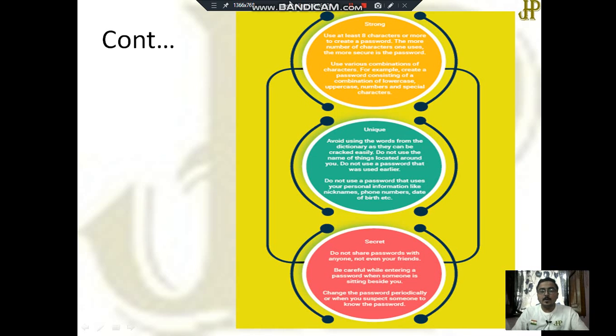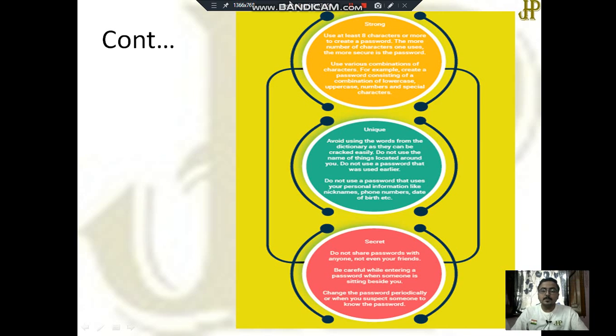This is the example of your password. First one is password should be secret. You have to keep it within yourself. Do not share with anyone. Second one, it should be unique, which is not related to your username or mails or your birthday or something which is easily recognizable.